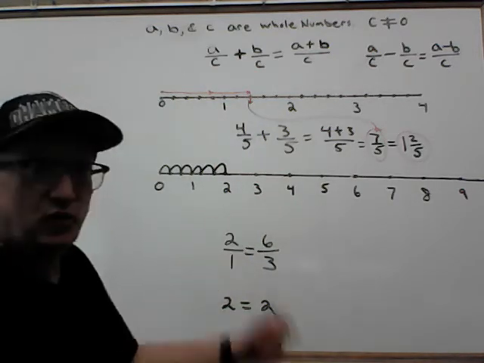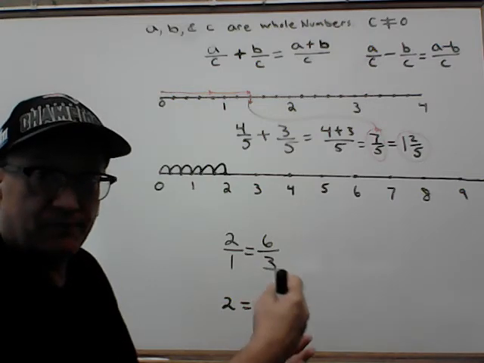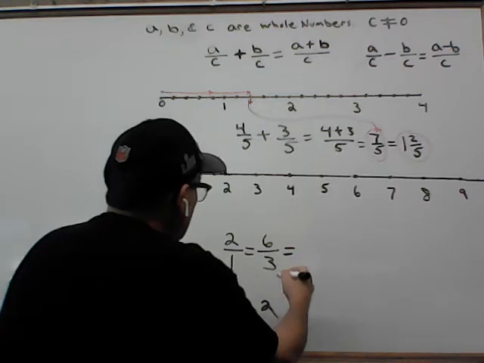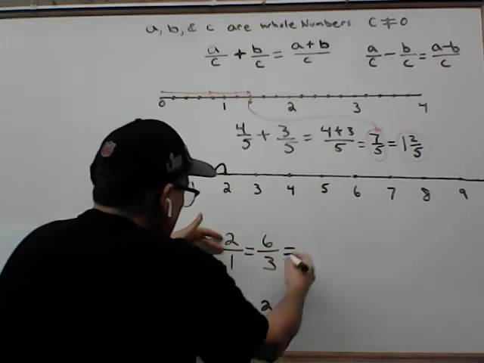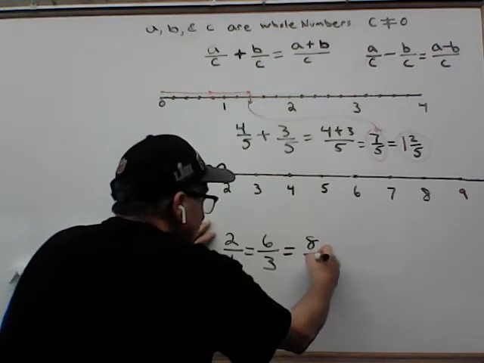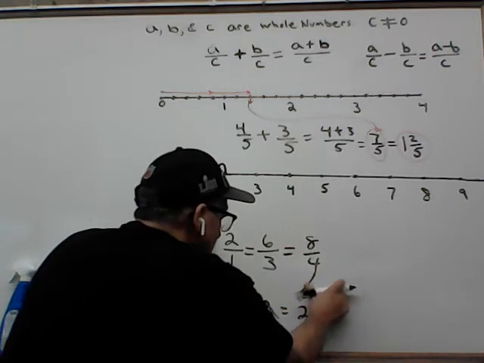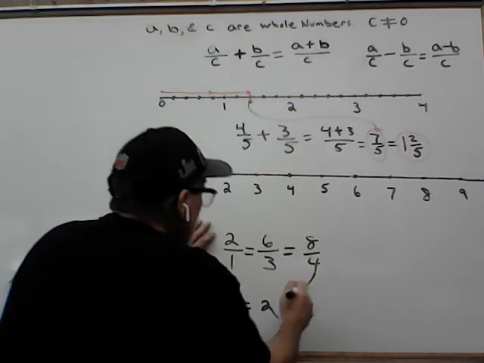And I could do this for any number in the denominator. This would be the same as multiplying the top and bottom here by 4 and getting 8/4. 8 divided by 4 is also 2, right? So all of these equal 2.